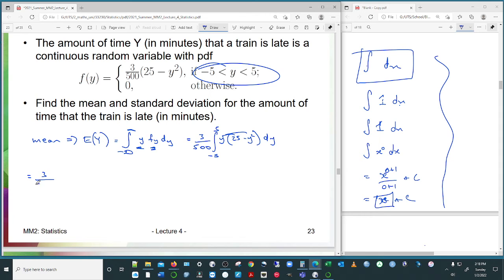Again, bring it to know-how if you're concerned about this in any way, shape or form, that would be fine. So the expansion gives us 25y minus y cubed dy, which is 3 on 500, 25y squared on 2 minus y to the 4 on 4, from minus 5 to 5 by the fundamental theorem of calculus.